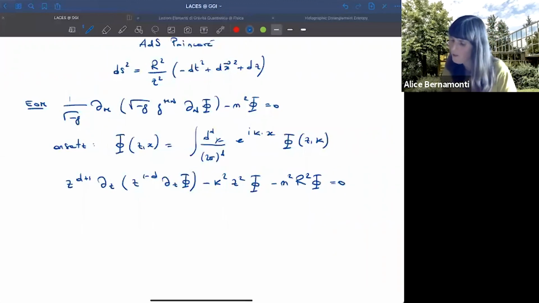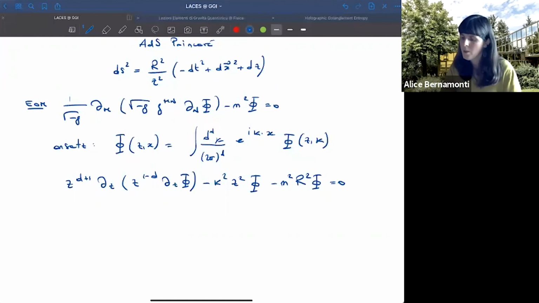And so this equation can be solved actually exactly, and one can find a complete basis of solutions. And then to quantize the theory, as usual, we will expand the scalar in terms of these solutions, and then promote the coefficients of this expansion to creation and annihilation operators. And actually, we will comment a bit more about this later, because we will want to see what these modes of the bulk field are from the boundary point of view.